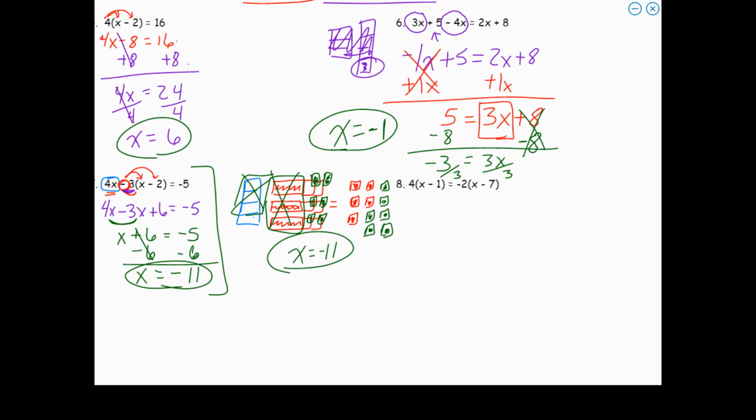So now in this one, if we distribute this 4, if I did it as tiles, I would have 4 groups of a positive x and a negative 1. Let me make that a bit more rectangular.